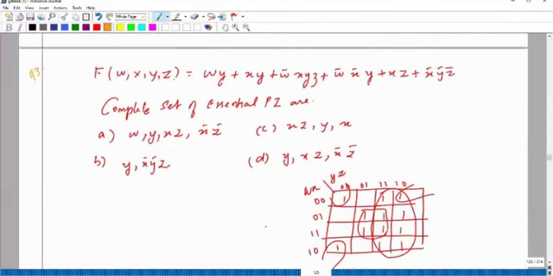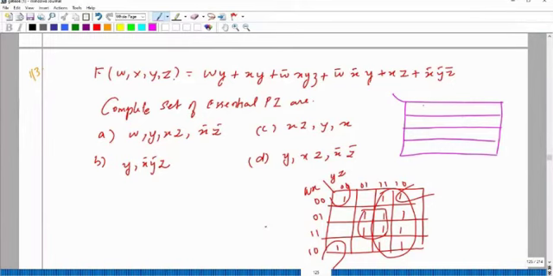So first you have to draw the K-map for this one. Take W, X, Y, Z. So I have to write in this order: W, X, Y, Z. 0, 0, 0, 1, 1, 1, 1, 0, 0, 0, 0, 1, 1, 1, 1, 0.